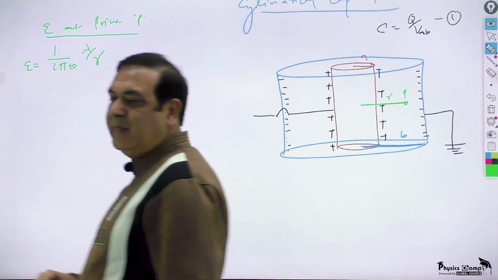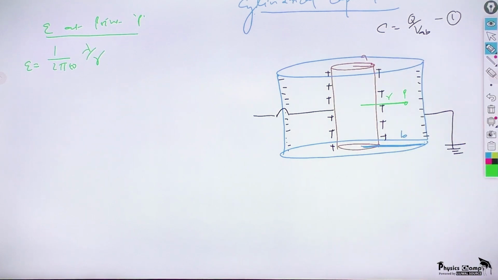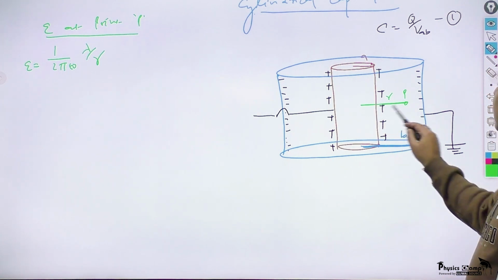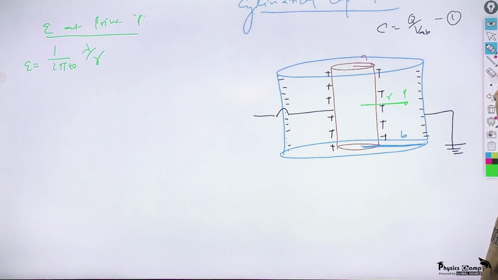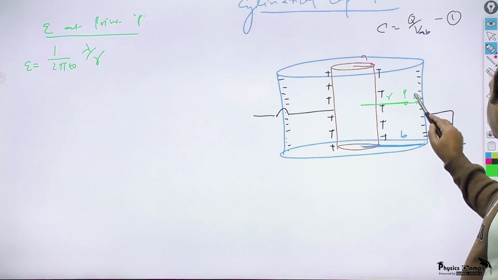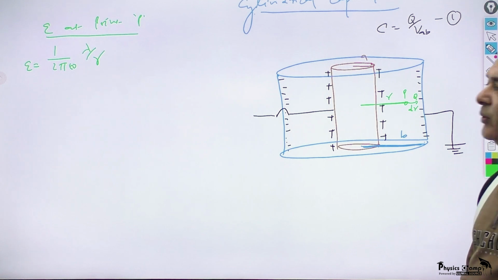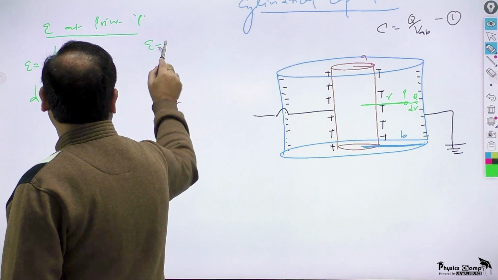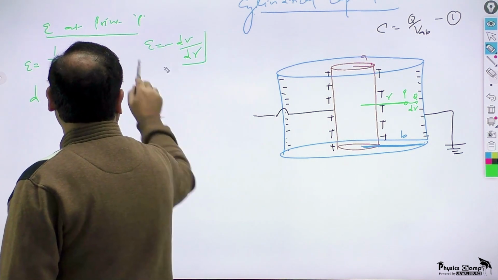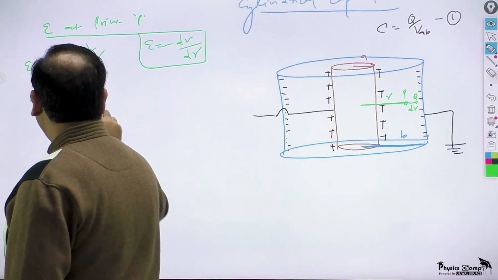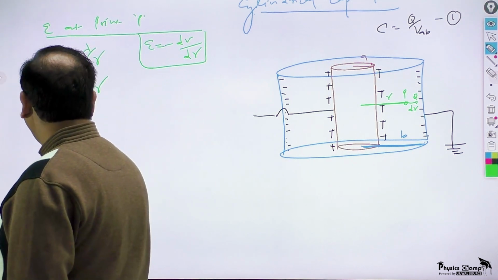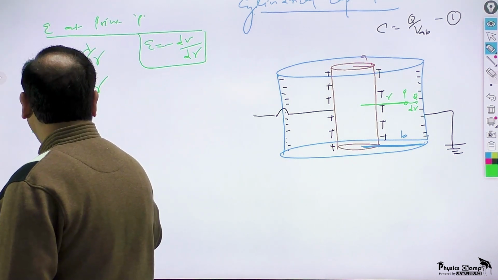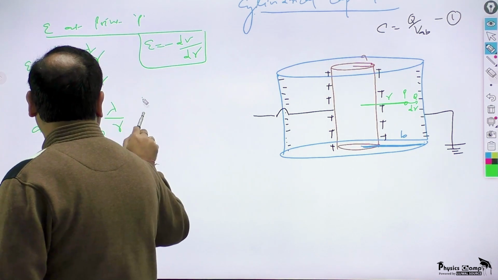If you remember, electric field due to a line charge distribution, let lambda is the linear charge density. So electric field at a distance r from center would be 1 by 2 pi epsilon naught lambda by r. And what is the potential difference in taking from P to Q? So otherwise I would say E is equal to minus dV by dr, but when I talk about magnitude of dV, it will be E into dr. So magnitude of potential drop or difference will be 1 by 2 pi epsilon naught lambda by r into dr.